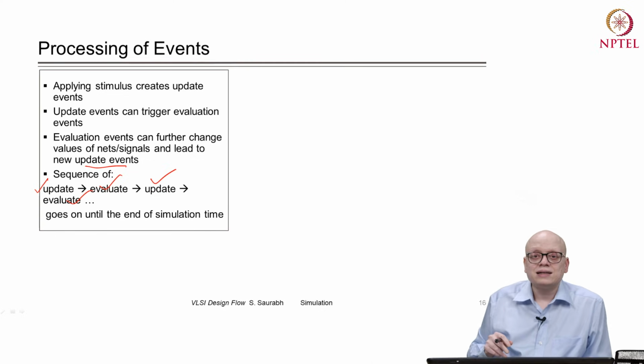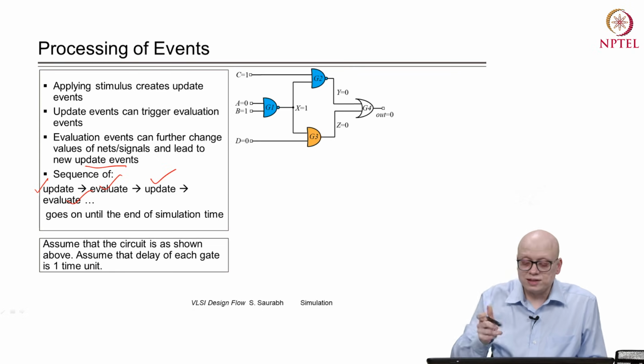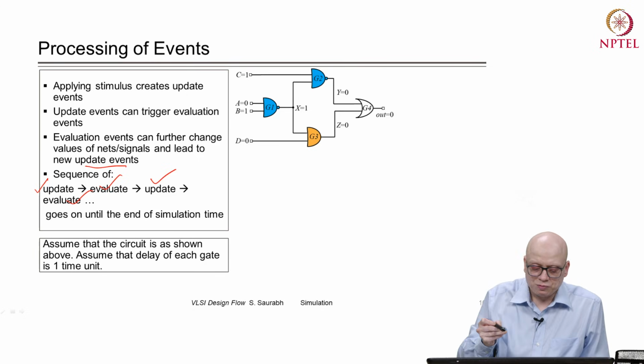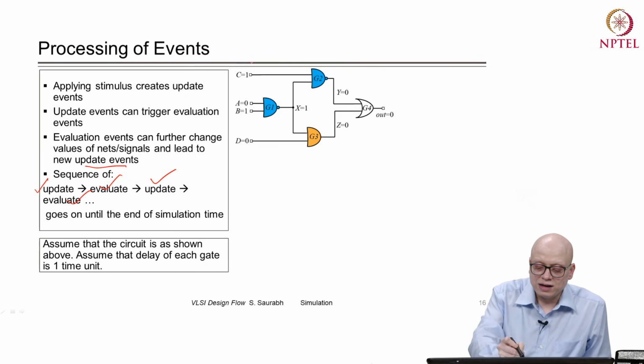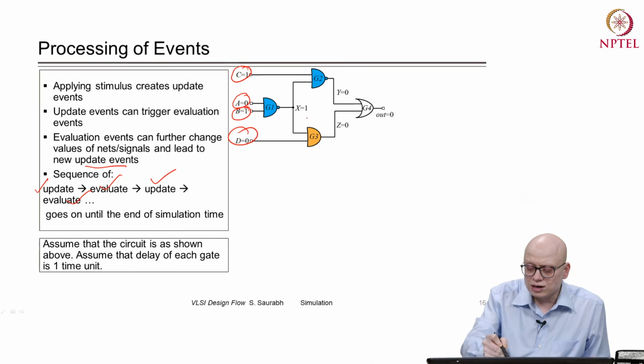So, let us take an example and understand how this processing of events takes place. Suppose this is our circuit, and the initial values at the inputs are C is equal to 1, A is equal to 0, B is equal to 1 and D is equal to 0, and the corresponding initial values I have written here.